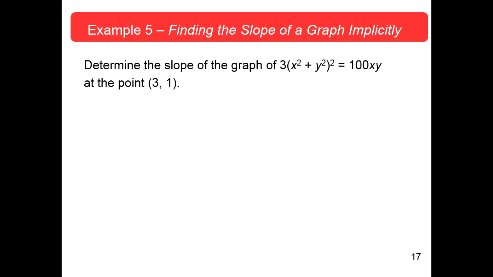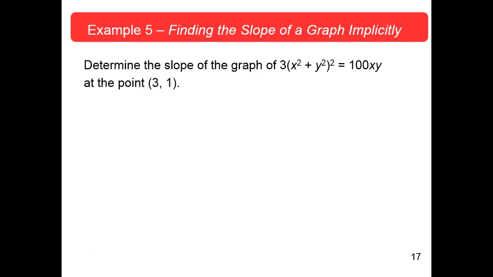Before I waste a lot of time on this problem, I'm going to make sure 3, 1 is indeed on that curve. That's an ugly looking function in my mind. So let's see. If I plug in a 3 for x, and a 1 for y.